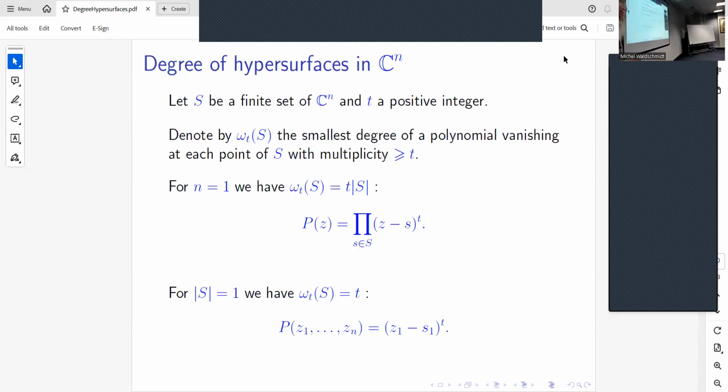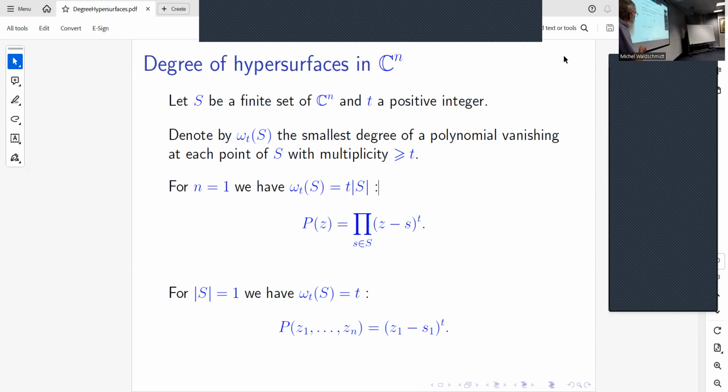So I explained the situation for n equal to 2. I would like to go for any value of n. Instead of C squared, I see C to the n. So now I have a subset S of C to the n, which is finite, and a positive integer t. The definition is the same: omega t of S is the smallest degree of a polynomial vanishing at each point of S with multiplicity at least t.